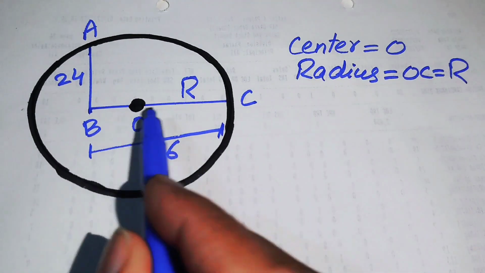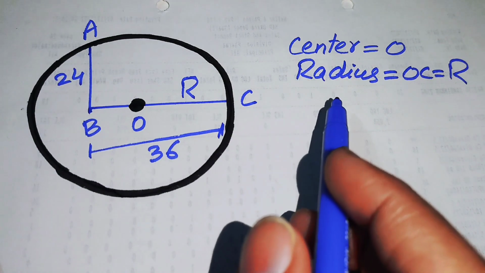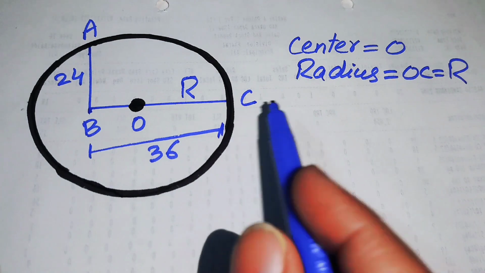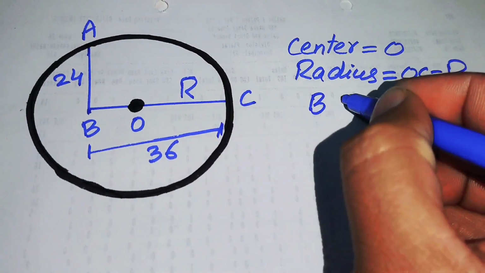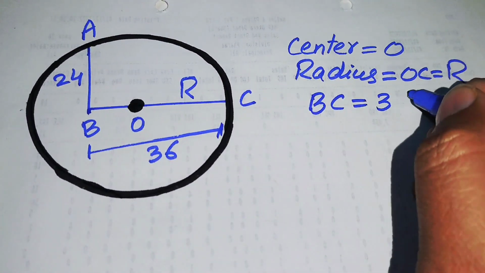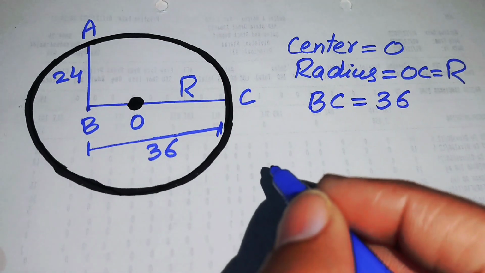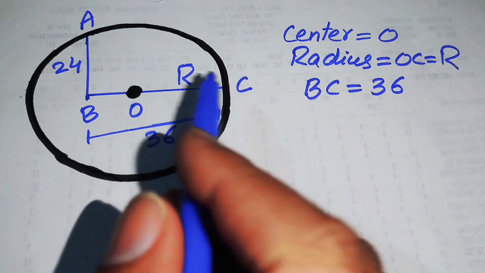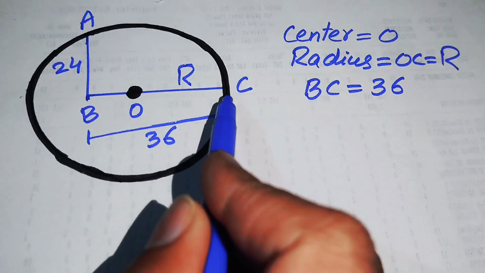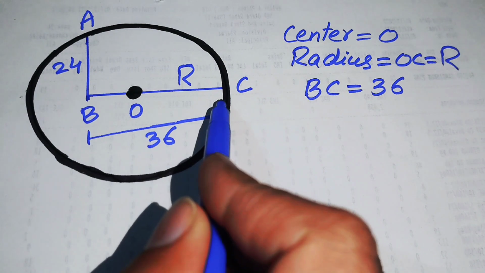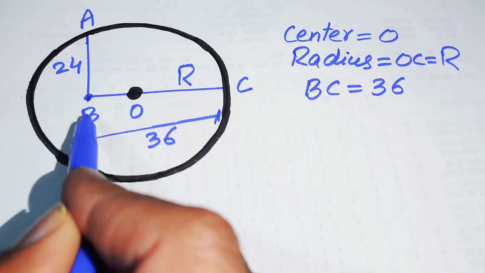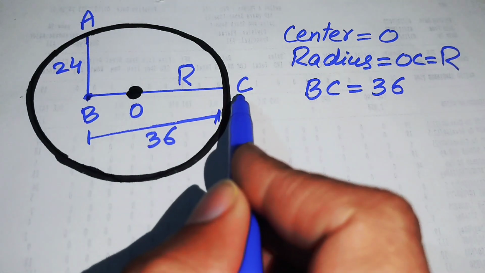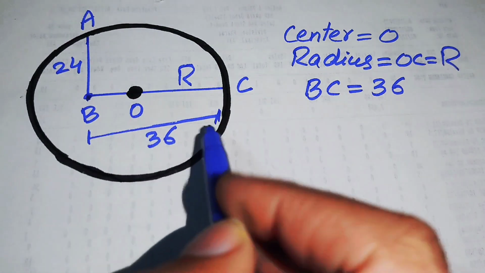You see that this OC is the radius of the circle, and we are given that the length of BC is 36. Focus on BC, and you see that the total length BC is the sum of these two lengths. If you add the BO distance and the OC distance, you get the total distance BC.